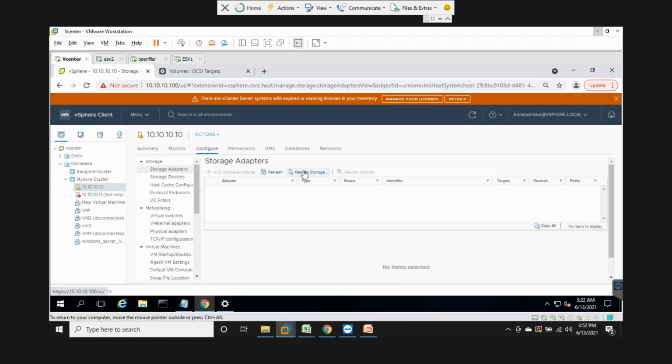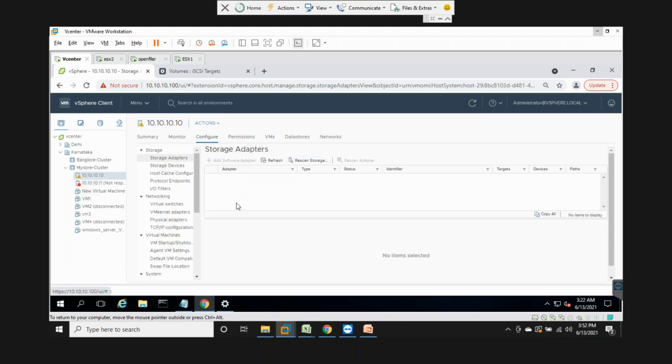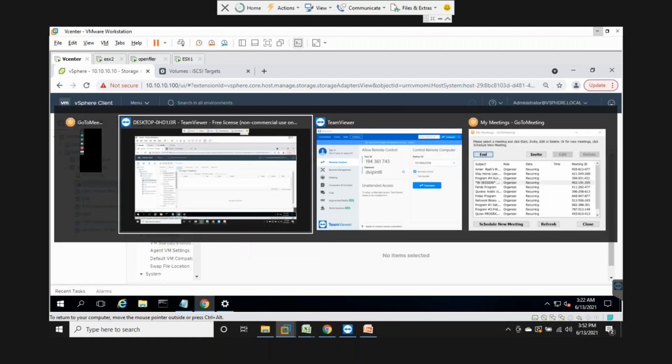Okay, so we can add one. You can see this option, Add Software Adapter. So you can have one software adapter as well, but to get very high or good performance you should add a physical storage adapter. Okay, you can add a software adapter.